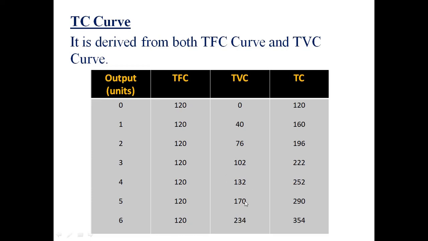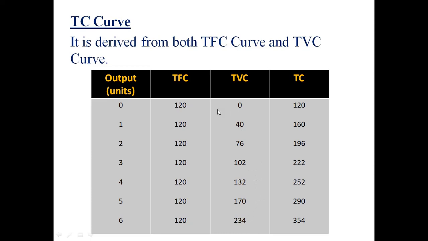And again, when you move further, it will be 38, so it will now be 64. So after this point, it increases. From 0 to 102, you can see TVC is increasing at a decreasing rate, but after this point, TVC is increasing at an increasing rate.